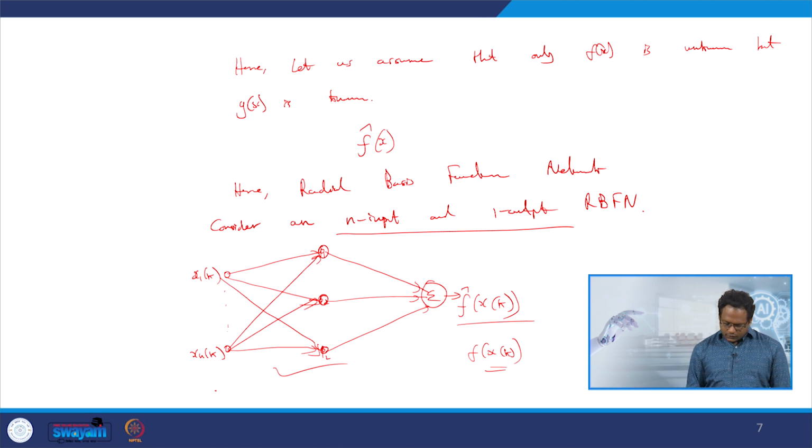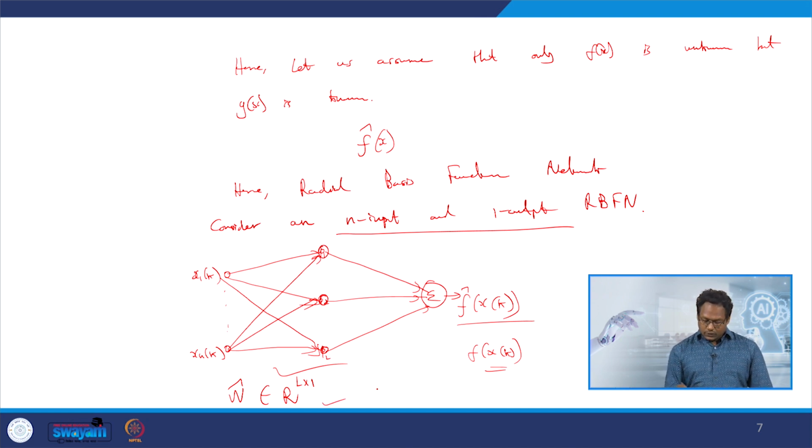The network weights will constitute a vector w hat that belongs to the space R of L cross 1, which means it belongs to the space of size L cross 1 in this case.